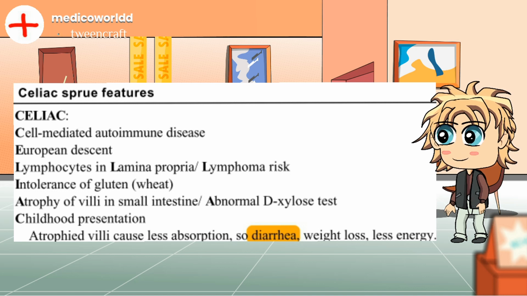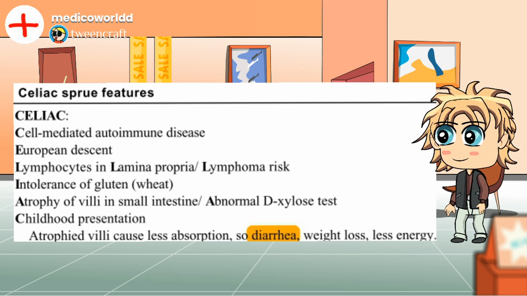Now, diarrhea is associated with celiac sprue. The features of celiac sprue you can remember as CELIAC. C for cell-mediated autoimmune disease, E for European descent, L for lymphocytes in lamina propria, meaning lymphoma risk, I for intolerance of gluten. Gluten is present in wheat.